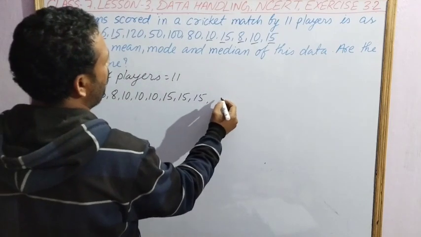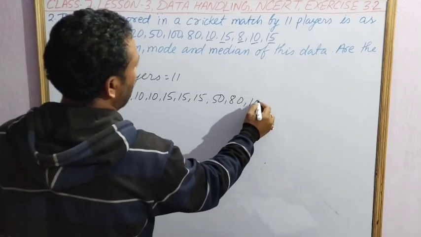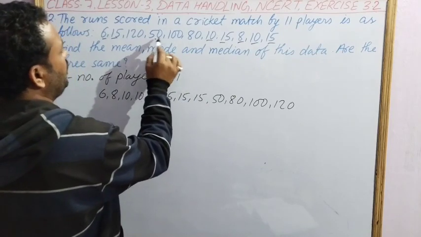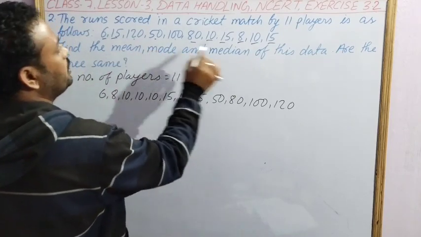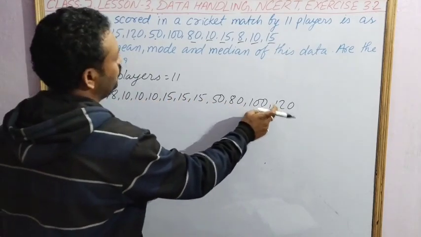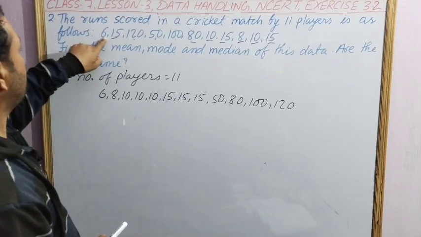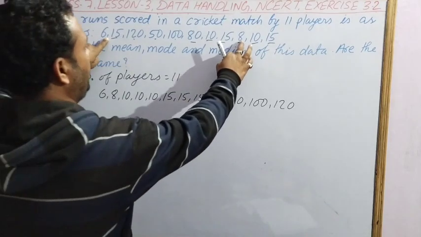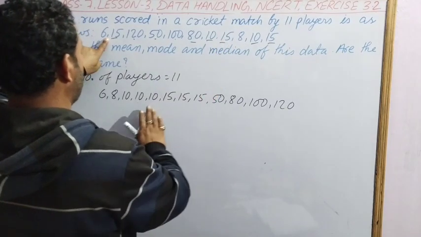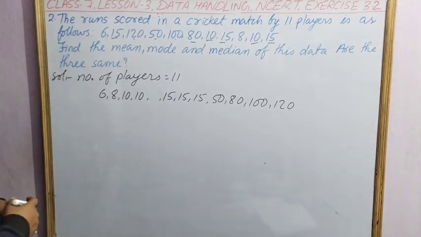Then we have 50, 80, 100 and 120. Is anything left? Count here: 1, 2, 3, 4, 5, 6, 7, 8, 9, 10, 11, 12. Where did we miss? 6, then we have 8. Oh, I have written 8 three times, so this one is wrong. Only 2 times.